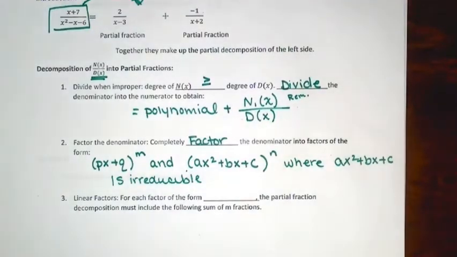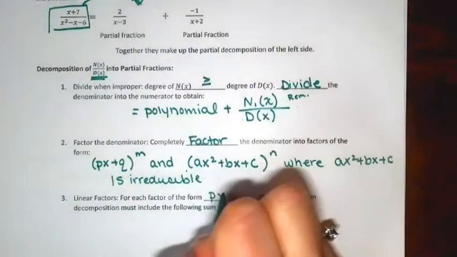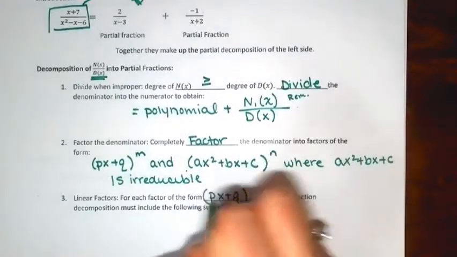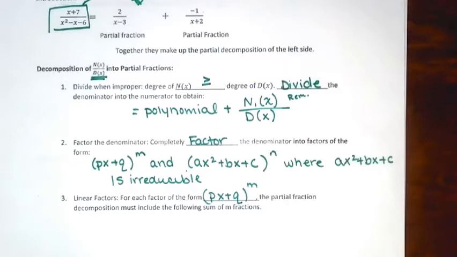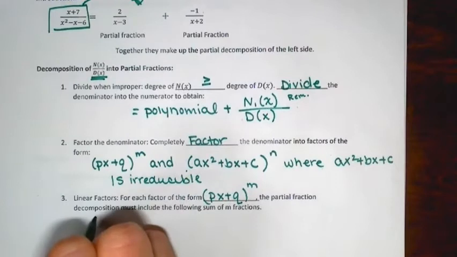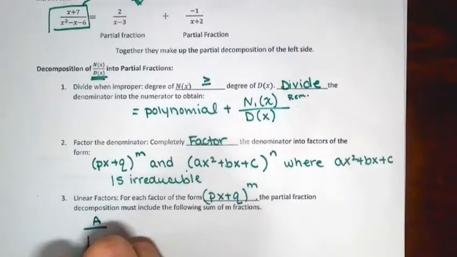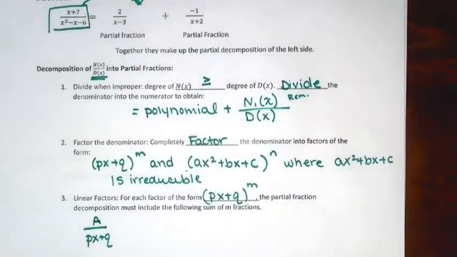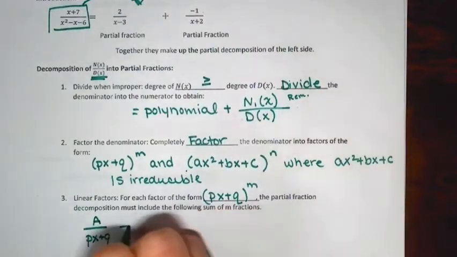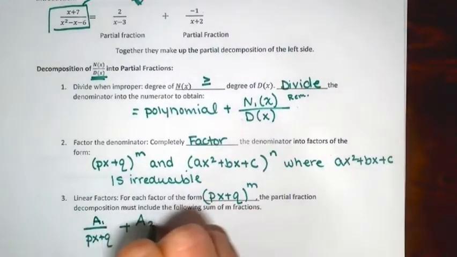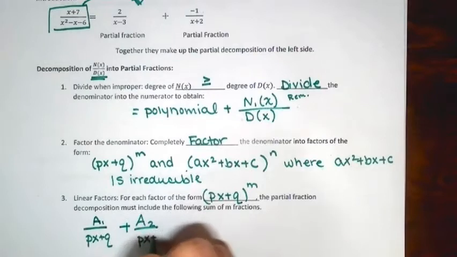Linear factors. So if we have linear factors, for each factor in the form of p of x plus q to the n power, the partial fraction decomposition must include the following sum of m fractions. So if it's linear, it's just going to be a over p of x plus q, plus a sub 1, a sub 2 over p of x plus q.